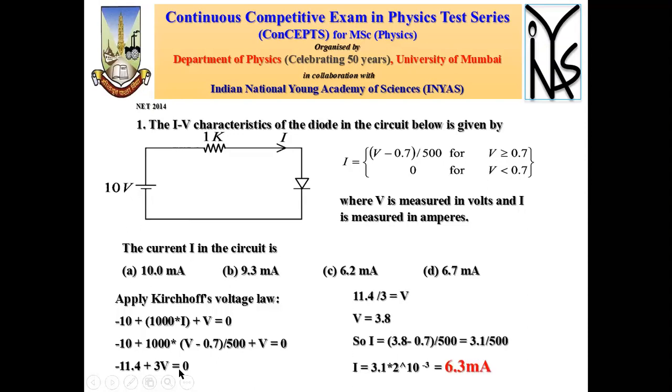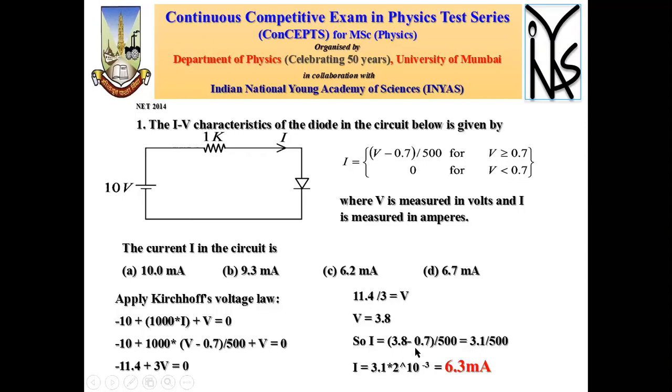Next, you can find out the unknown voltage V from this equation. So 11.4 volt divided by 3, that will become 3.8 volt. And therefore, once we get the voltage value, now you put the value into the current equation given. So 3.8 minus 0.7 divided by 500.